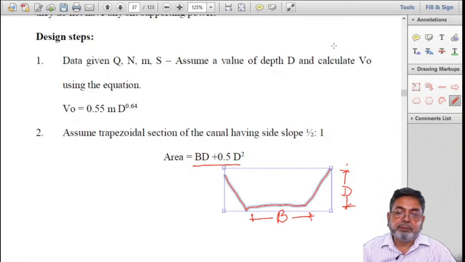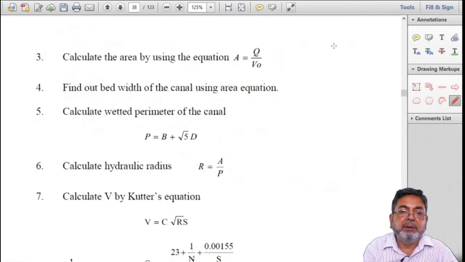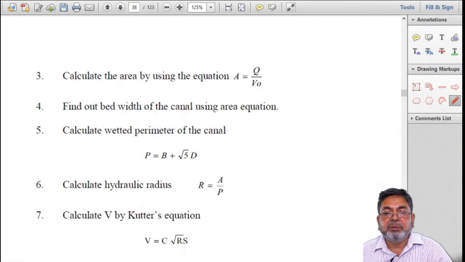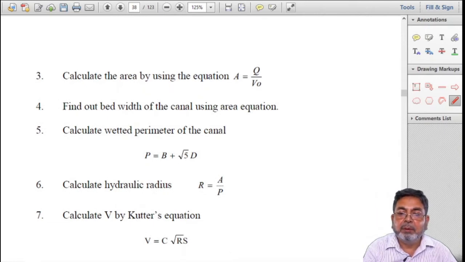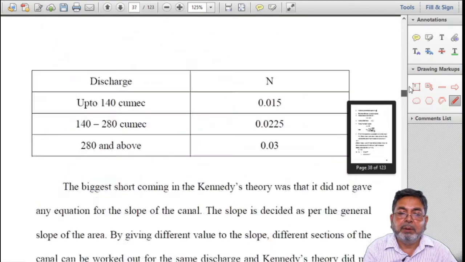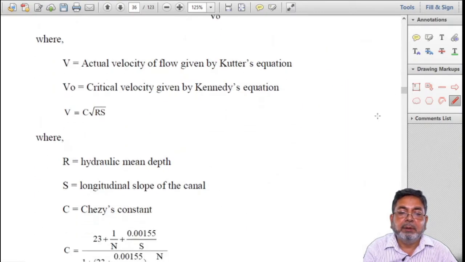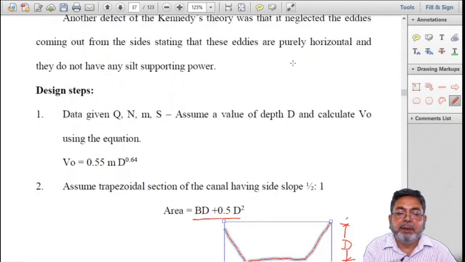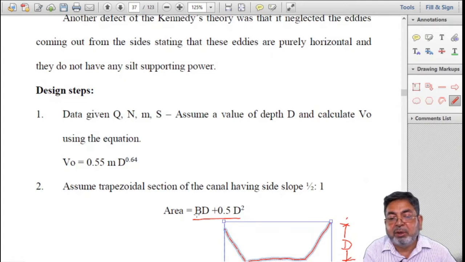Now next step is you have to find out area. Actually the expression that I have shown you, here this expression, this one, this will not give you the numerical value, because b is not given, is not known to you.